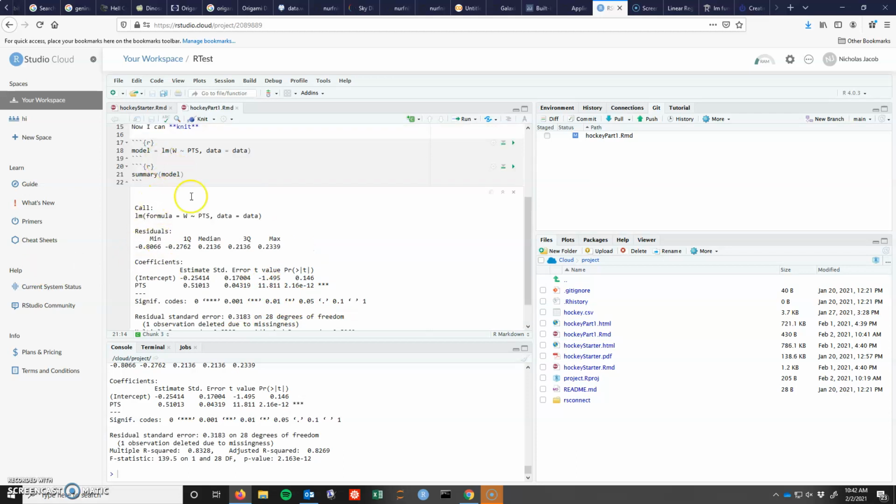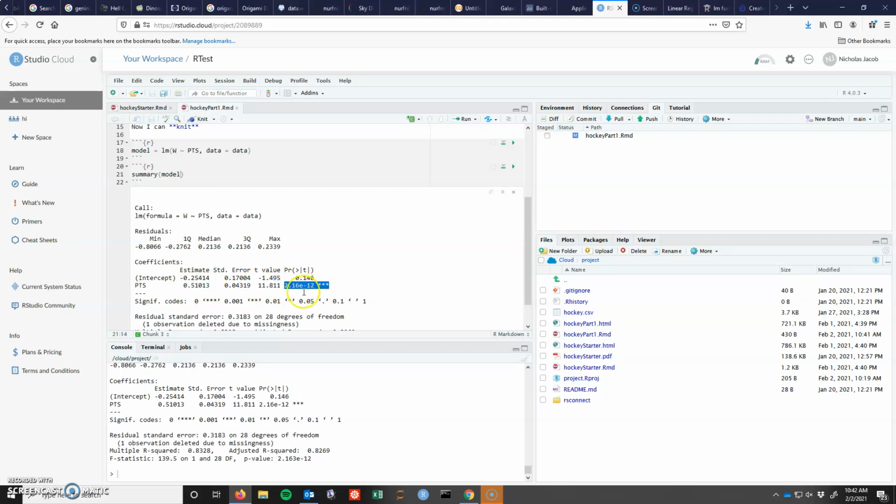Points, again, was what was passed as the X value, so this is the slope of the X value. I also get the standard error, which would help you compute a confidence interval of the estimate of the slope. I also get the t-value, and I also see the significance.